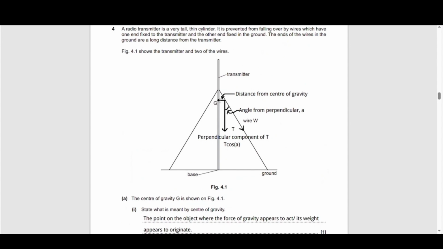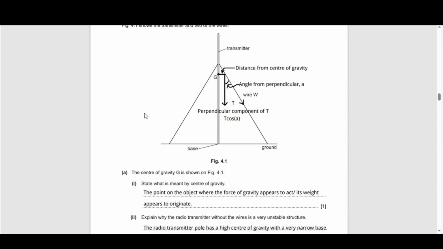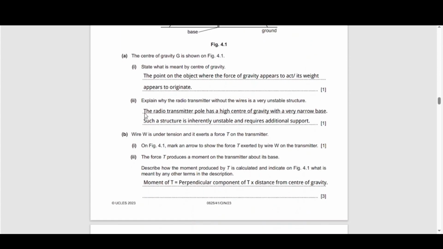In this case, the pivot point would be G, because that's where the center of gravity of the transmitter is. So moment of T is equal to the perpendicular component of T multiplied by the distance from the center of gravity. That's just a different way of saying T multiplied by the perpendicular distance from the center of gravity, but you can also say it's the perpendicular component of T into the distance from the center of gravity. And you'll see the reason why I have laid it out this way.